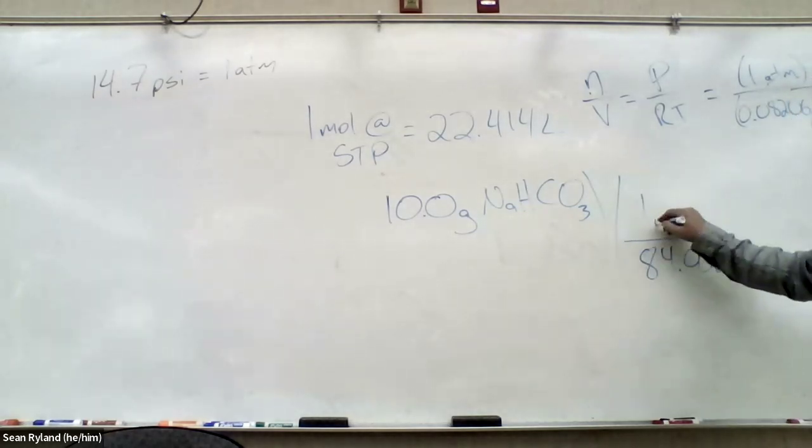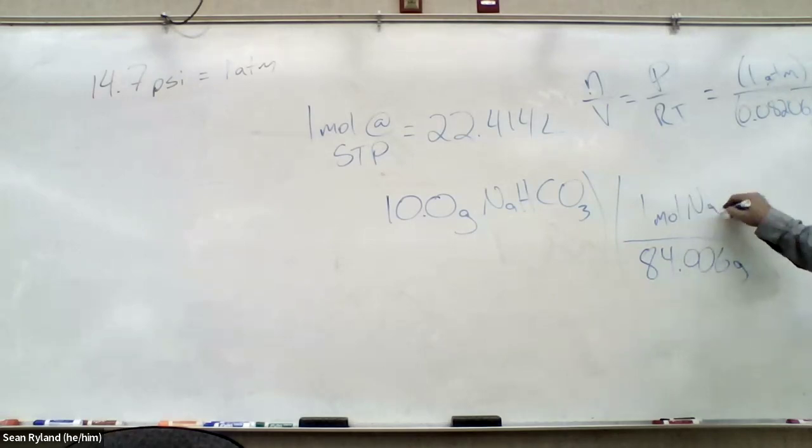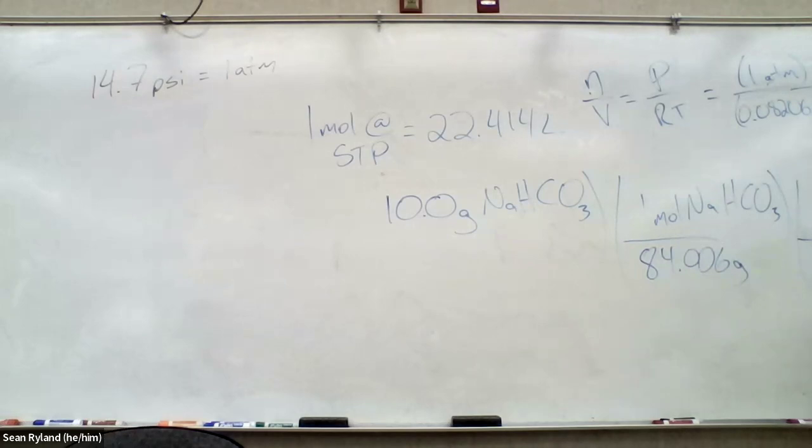So we'll start with that. Then, because it's already a balanced reaction, you can say 1 mole of sodium bicarb makes 1 mole of CO2. And what's the last step?